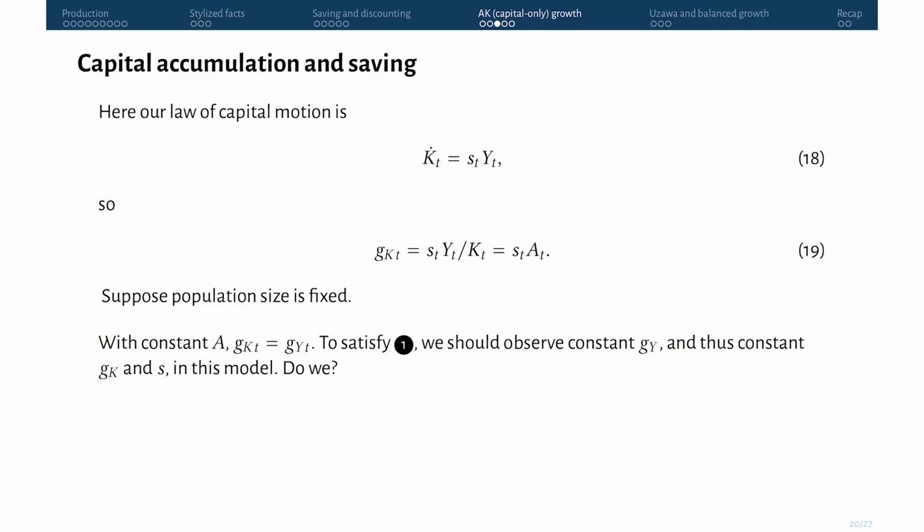With constant A, the growth rate of capital will just equal the growth rate of output, because Y equals AK. And to satisfy that first Kaldor fact of constant growth in output per person, or equivalently constant growth in output, we should observe constant g_K and s in this model.